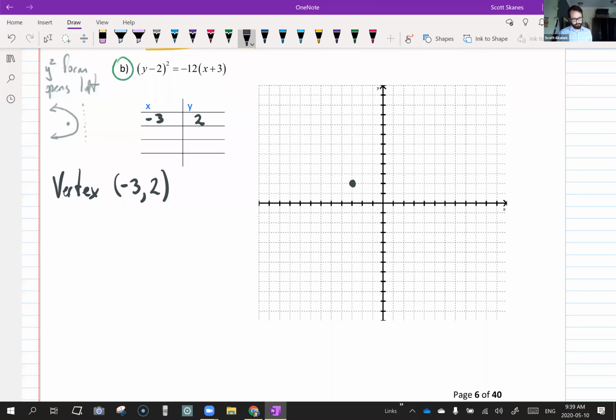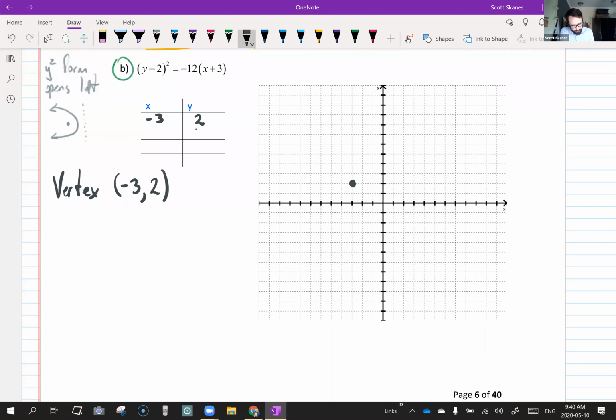So what value should I check for a y value? No, it's already at 2. Should I check 3? No, it's a little too close. Should I check 4? It's a little too close. Just give me a number between 2 and 10. 4.